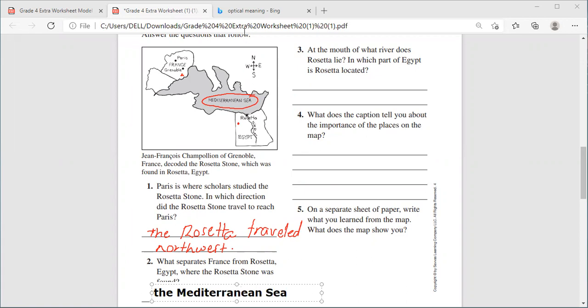Okay, let's go back here. At the mouth of what river does Rosetta lie? In which part of Egypt is Rosetta located? Now, this is a two-part question, and you need to be careful about this one. First, you need to answer the first part. It was found around the Nile River, because let's say this is Rosetta, and what's this river? This is the Nile River.